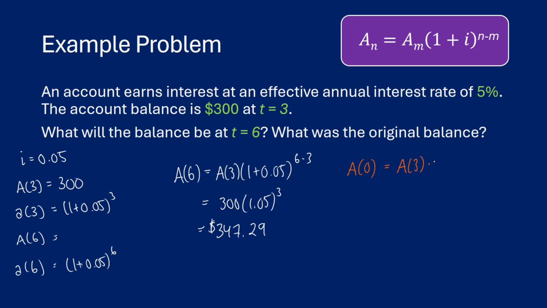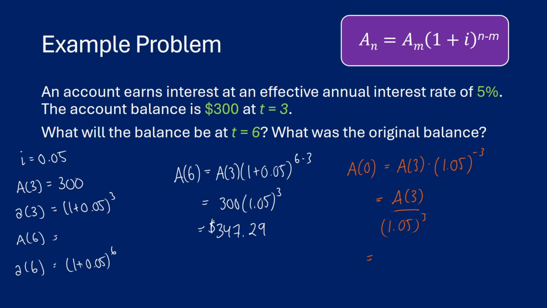Then we're going to multiply that by 1.05. Now we need to do 0 minus 3 because we have our n, we have our m. And this is going to be the same thing as 1.05 to the negative 3. Another way we could write this is the amount at time 3 divided by 1.05 cubed. So this will get us our original amount.